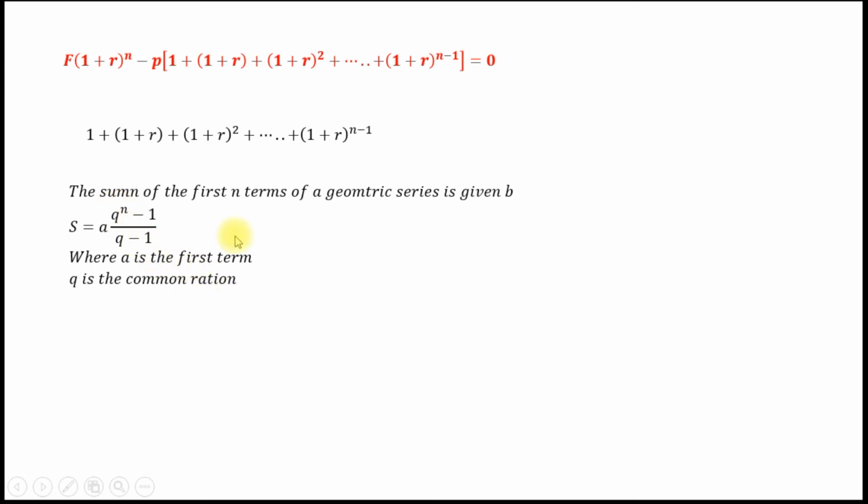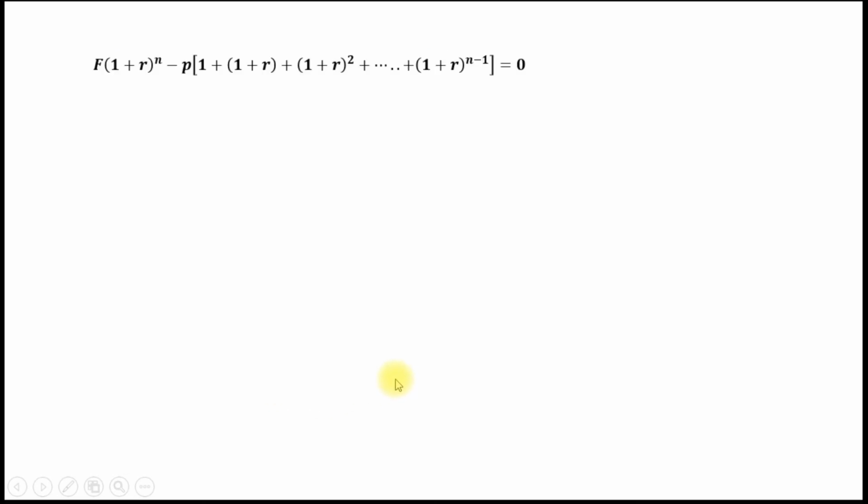If I plug my values into this formula, I'll get S equal to P, obviously P being factorized out of the bracket, and the expression in the bracket becomes the sum of a geometric series. So S will be equal to P times this expression there.